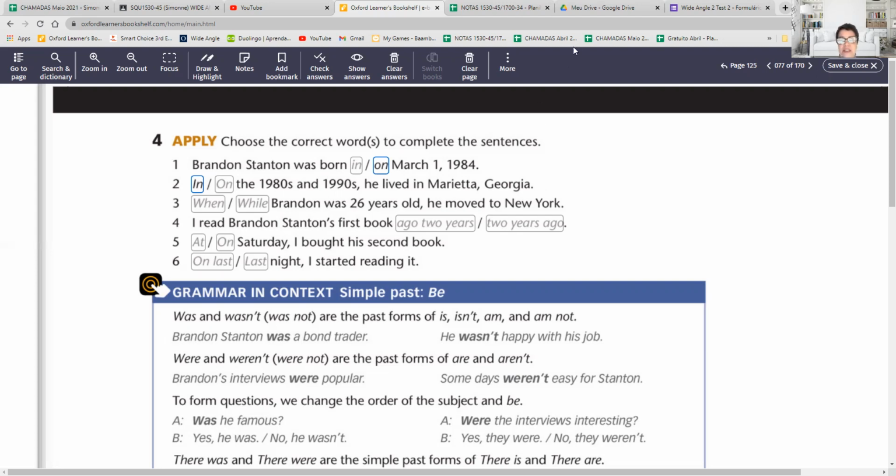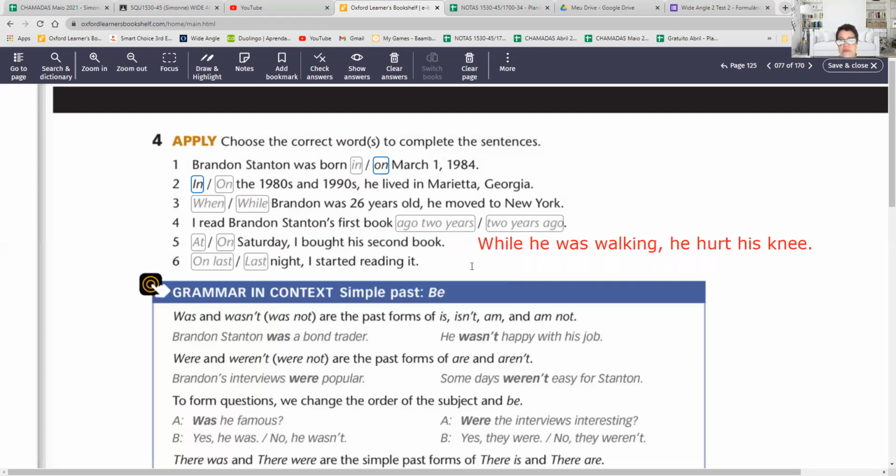Let's see another example. While he was walking, he hurt his knee. Or I can say the other way around: he hurt his knee while he was walking.